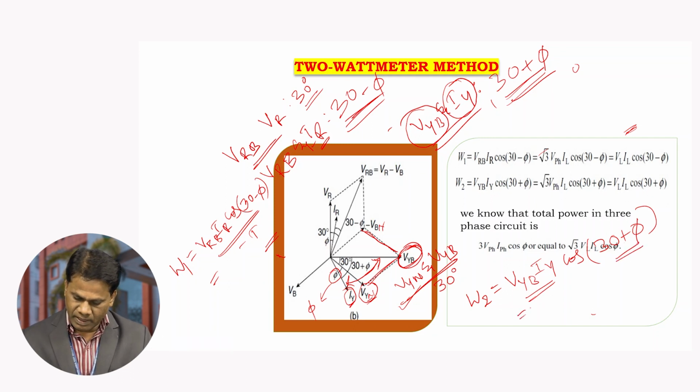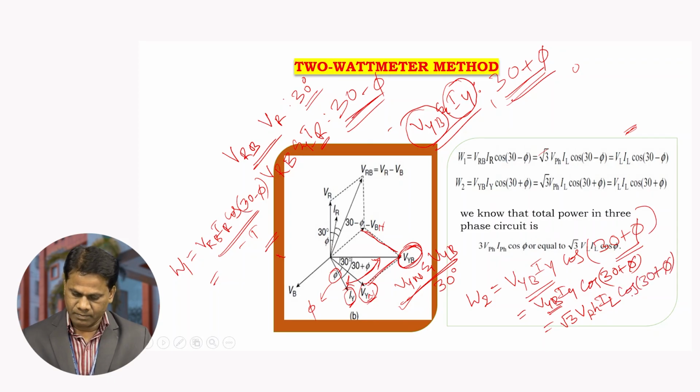So W2 is Vyb Iy cos(30 plus 5). In terms of phase voltage and line current in a star connected load, it is V phase IL cos at an angle of 30 plus 5.